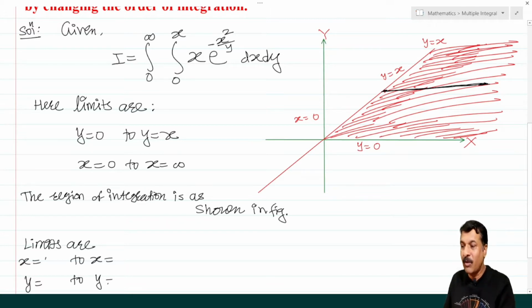And what is the last limit? It goes up to infinity. And what about the y limits on the axis? y starts here at 0 and ends at infinity. So y equal to 0 to y equal to infinity. These are the limits of y.